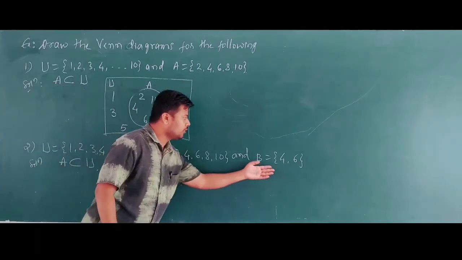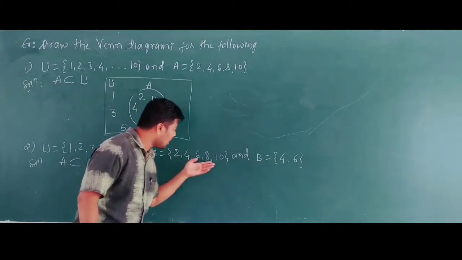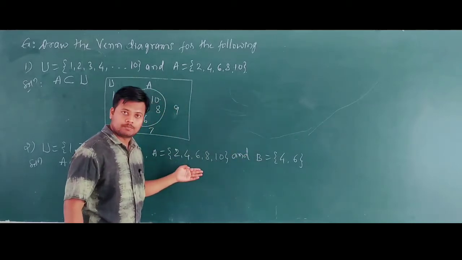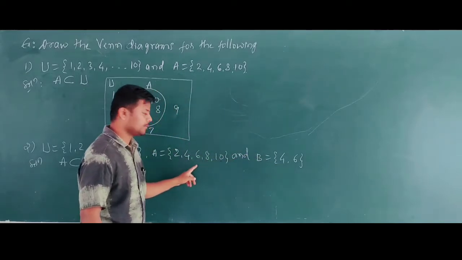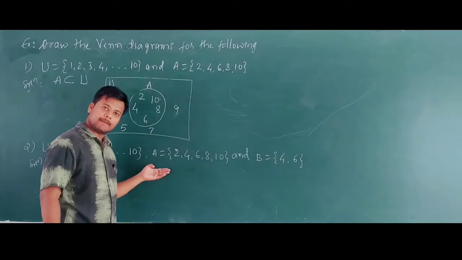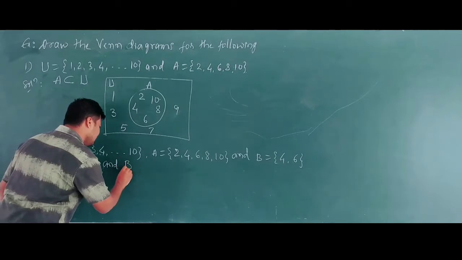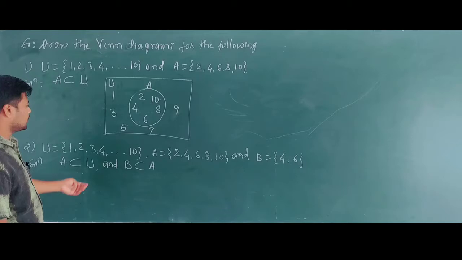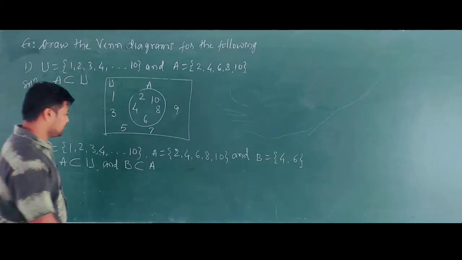B is also a subset of U, and B is a subset of A also, because all the elements of B, 4 and 6, are also elements of set A. So B is a subset of set A.